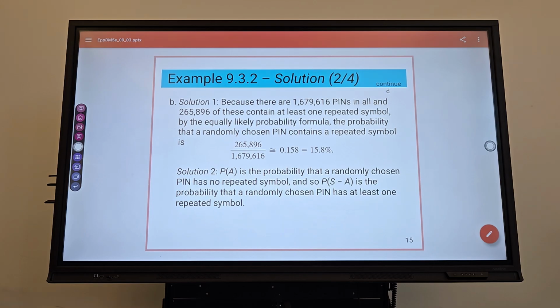Solution 2, method 2: P of A is the probability that a randomly chosen PIN has no repeated symbol. And so P of S minus A is the probability that a randomly chosen PIN has at least one repeated symbol.